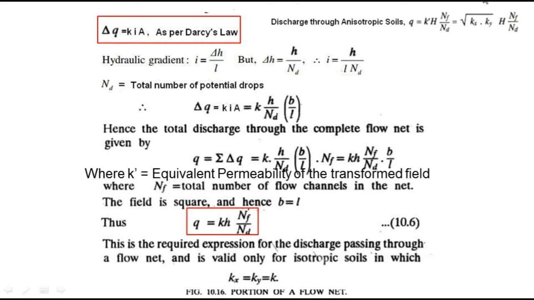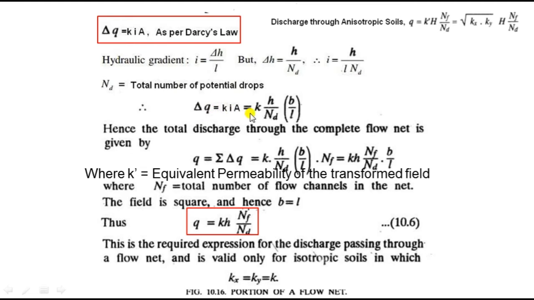These are the formulas when finding discharge through anisotropic soil. The hydraulic gradient I is equal to delta H by L. So delta H is equal to H by Nd, and I is equal to H by L Nd, where Nd is the total number of potential drops.